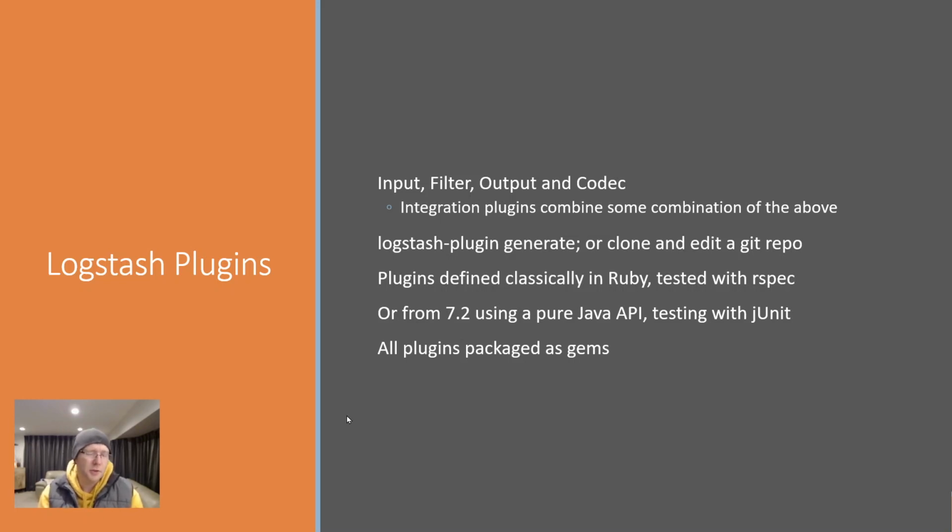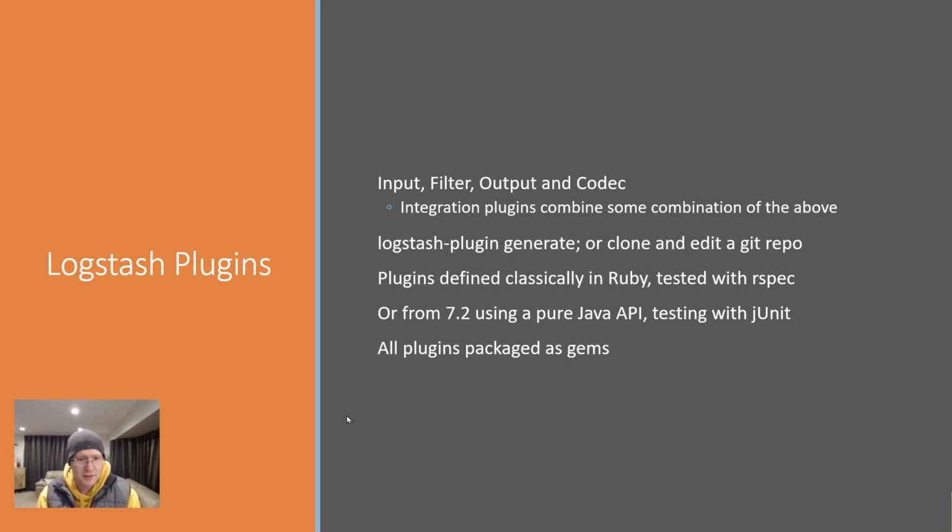Generally, if you're creating a Ruby plugin, you don't need to write any Java. But if you're looking at the existing source code for things like logstash-filter-geoip, for example, you'll notice that that's some Ruby code.